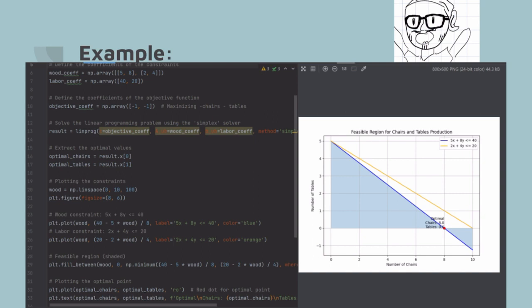It's just a simple example, but LPs can be extremely complex. Likewise, some LPs are infeasible. In this case, they produce 0 tables because the labor cost is too high for tables, and they can make it with less labor and less wood, maximizing their profit.